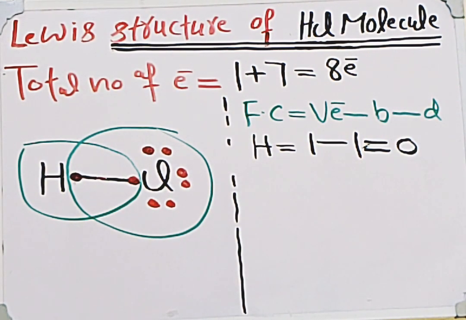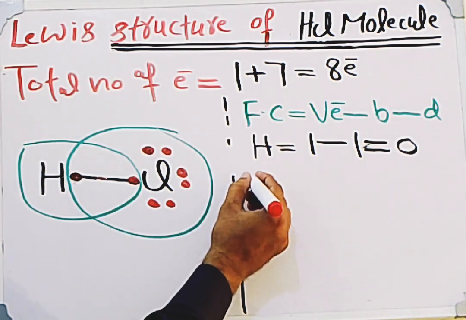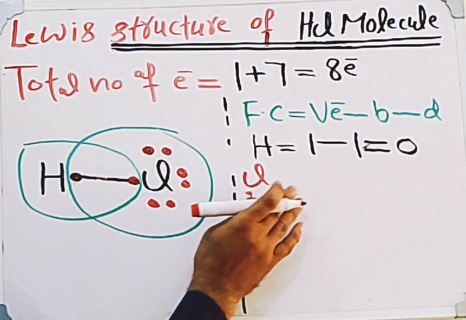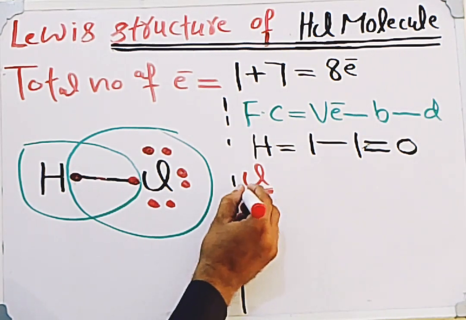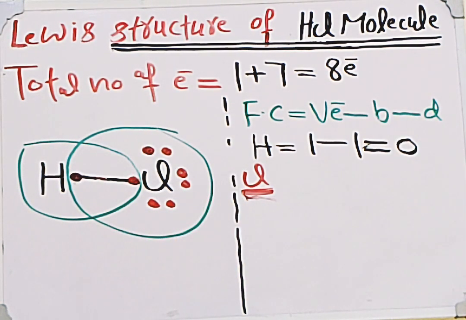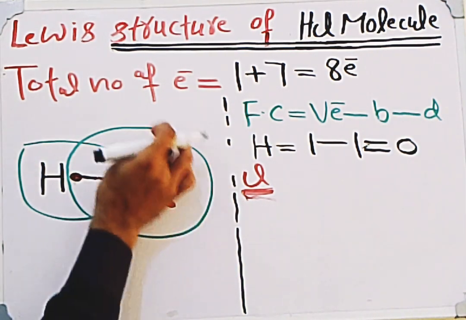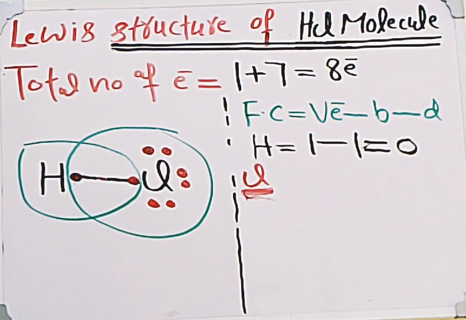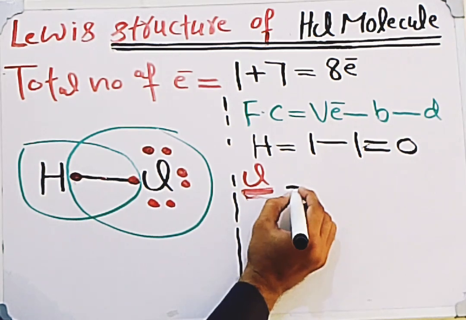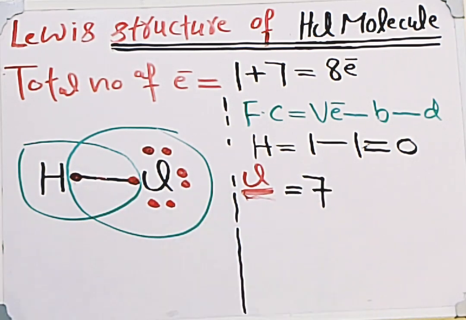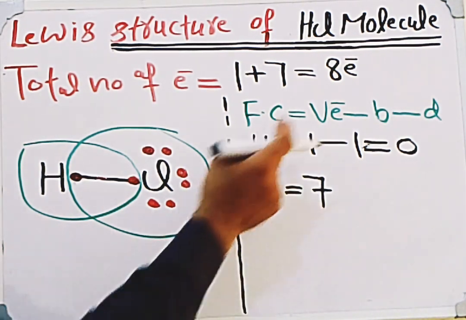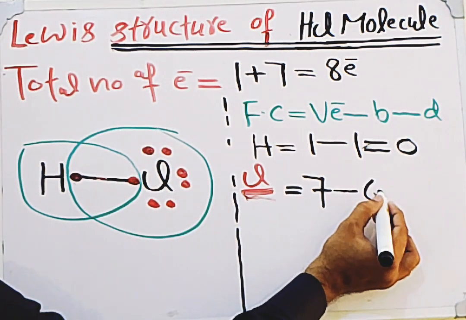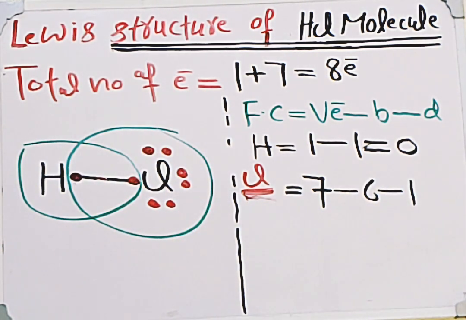Students, now we calculate the formal charge on chlorine. From the diagram or the Lewis dot structure, it is clear that chlorine provides 7 electrons. It contains 6 dots and makes 1 covalent bond.